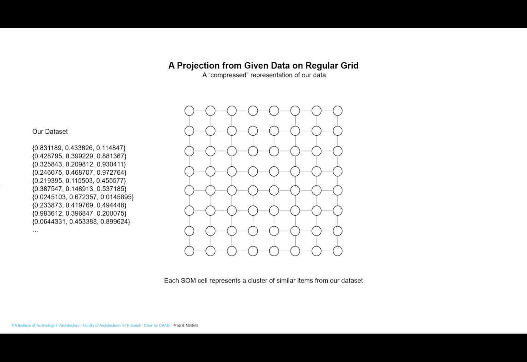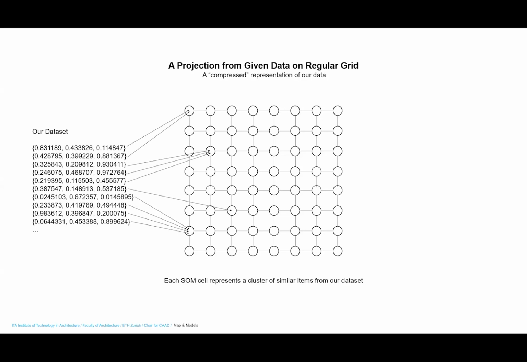We can have many of them, and each SOM cell represents a cluster of similar items from our data set, which means some of the items are projected to 1 cell, and some others are projected to another cell, until all the items of our data are projected to some cell in the SOM.